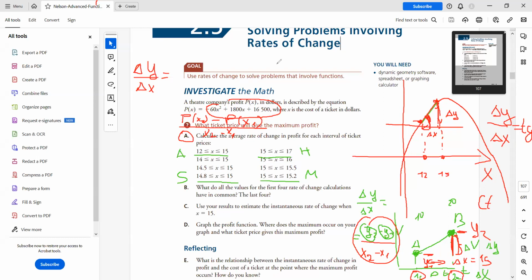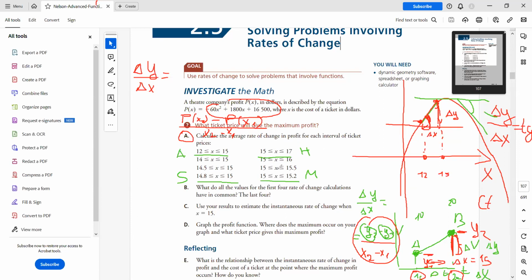If the average rate of change is negative, it means that the tangent line is going to be looking down, right? The angle is going to be negative. Do you agree with me, Hala? Negative 120 means negative slope. So on the interval from 15 to 17, the function is decreasing.